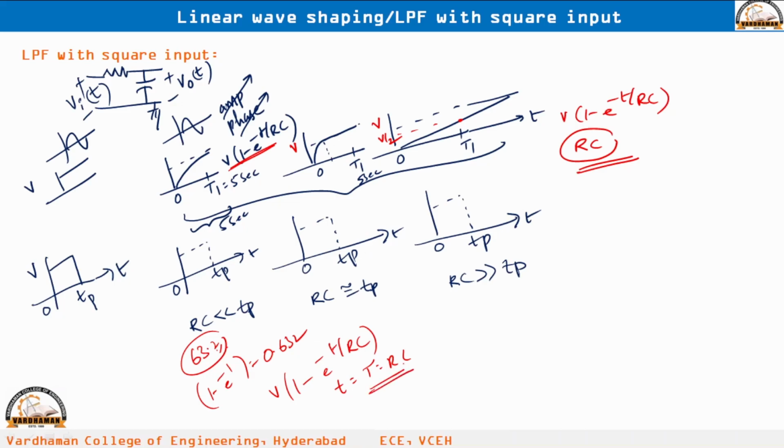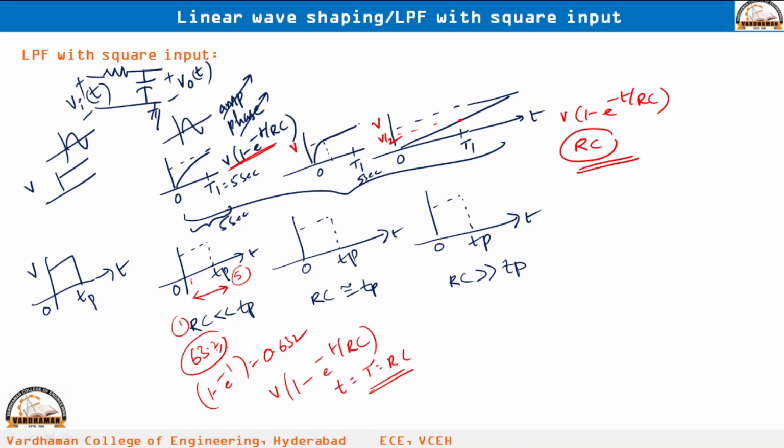But in this case RC is very small, that is the condition we have taken. Tp is this much available, but the condition is that RC is much less than Tp. For example, to explain in a better way I am taking numbers here. Tp is equal to 5 seconds, and RC is equal to 1 second. So from 0 to 5, here 1 second is there.